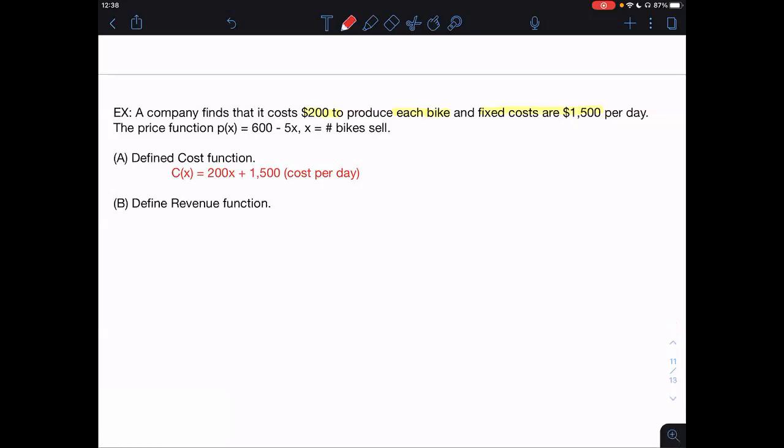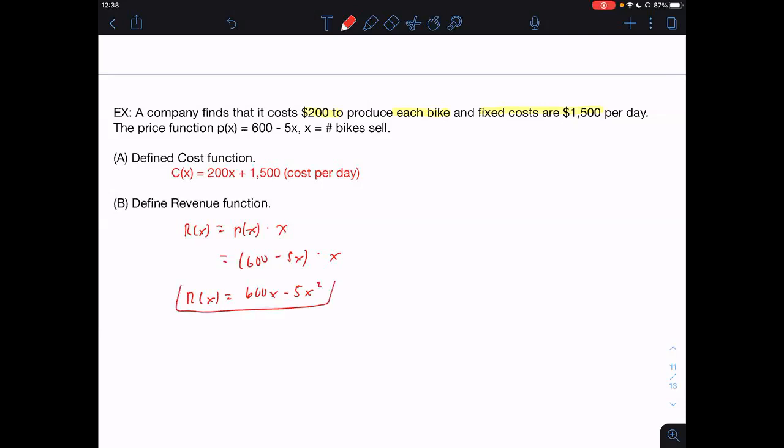Again, our revenue function R of X is going to equal our price function times our quantity, X, the amount of bikes that we want to sell. So we're going to take our price function, which is given to us directly as 600 minus 5X, multiplied by X to give us our revenue of 600X minus 5X squared. So that's our revenue function.